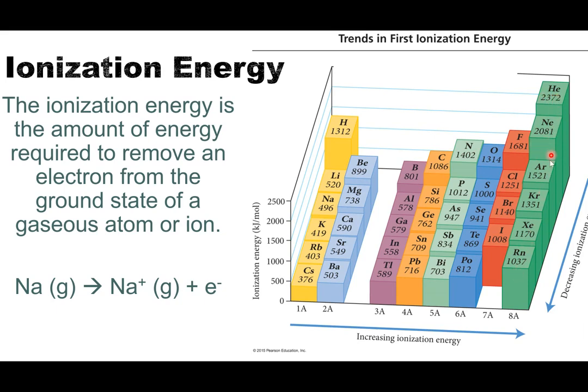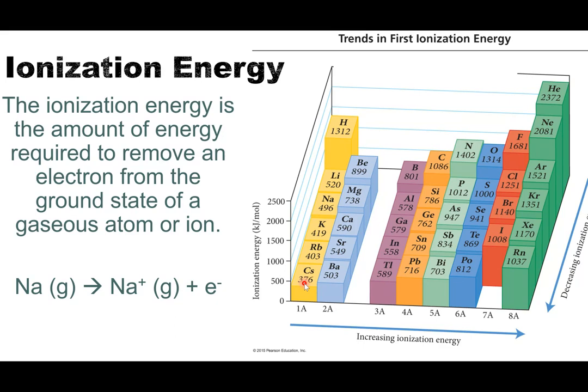So let's look at top to bottom. What we see here is that ionization energy goes down. What does that mean? Something with a high ionization energy means that it's really hard to remove those electrons. If it's got a high ionization energy, it's holding on to those electrons a little bit stronger. A low ionization energy means it's a little easier to take them off.